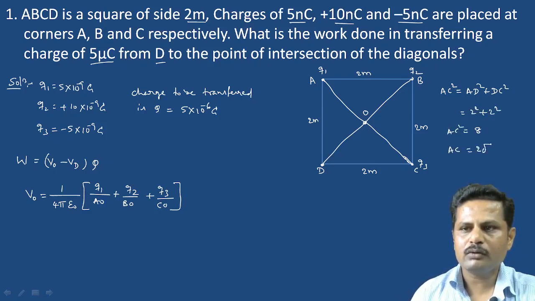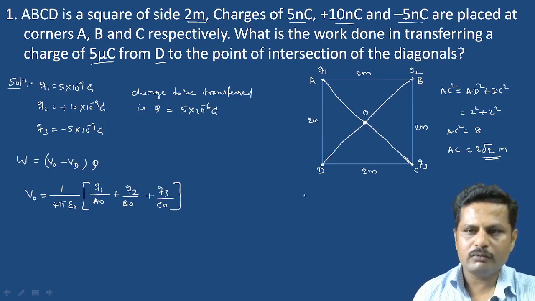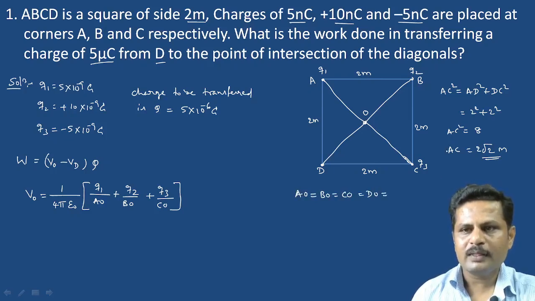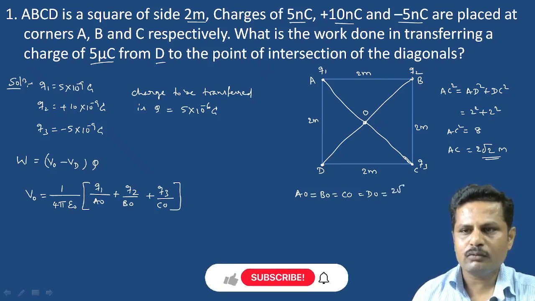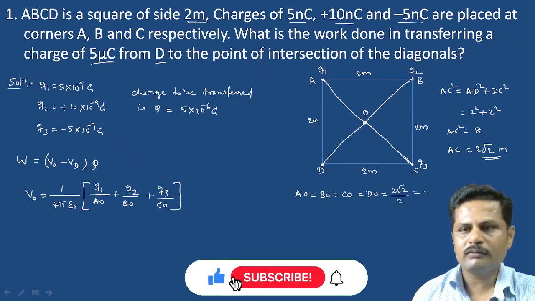Root 8 is nothing but 2 root 2 meter. But we want AO, BO and CO. So we know that AO equals BO equals CO equals DO in this square. So this is equal to half of the diagonal AC, that is 2 root 2 divided by 2. This is equal to root 2 meter.